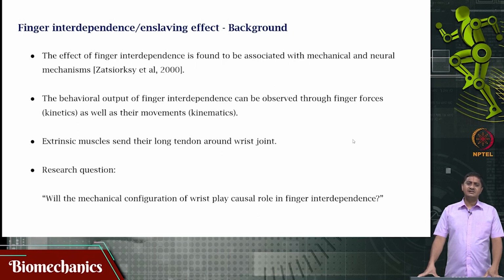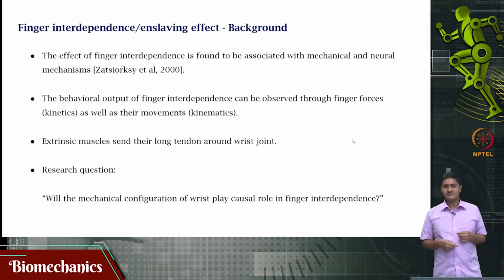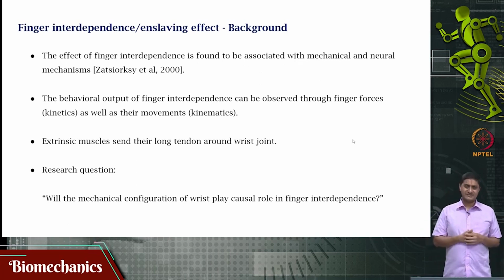Remember that the extrinsic muscles whose muscle bellies lie in the forearm send their tendons to the fingers through the wrist joint. And we saw what happens when there is wrap around. We saw all those things in a previous video.